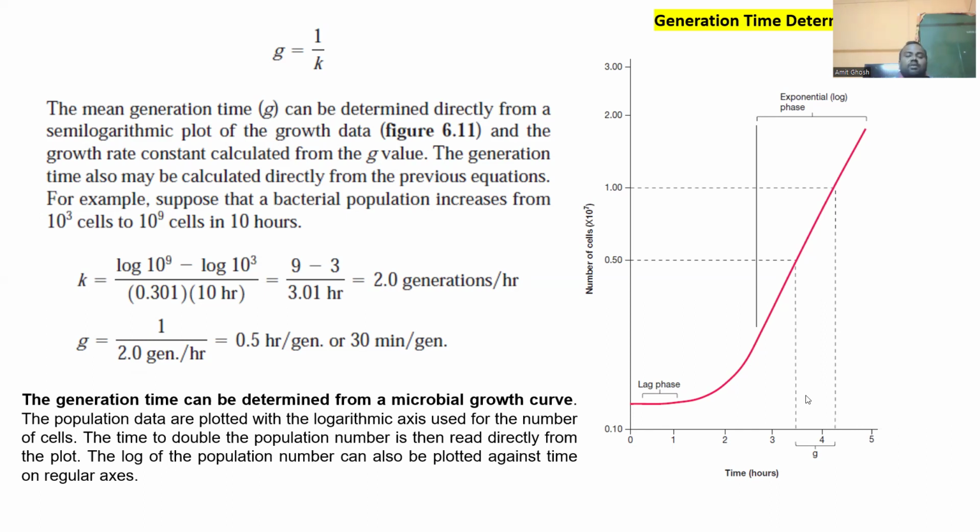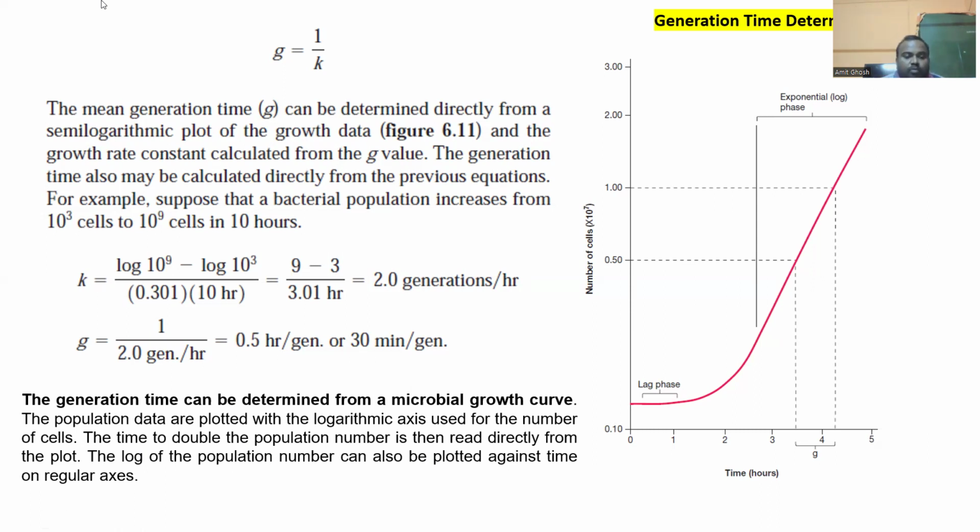This generation time can be determined with the mathematical equation, but it can also be determined from a microbial growth curve. If you plot population data with a logarithmic axis used for the number of cells, the time to double the population number is then read directly from the plot.